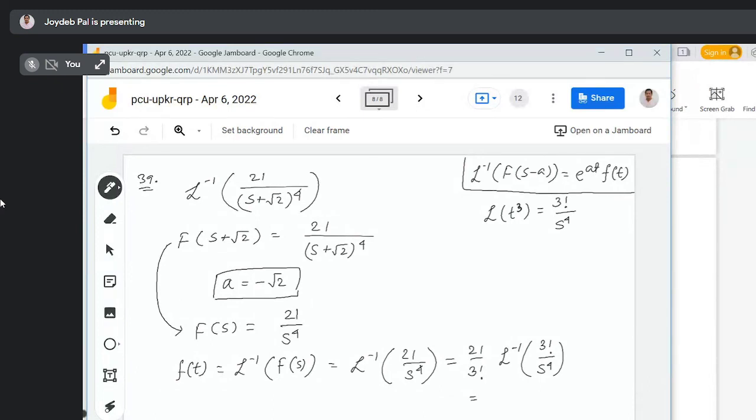On simplification, 21 by factorial 3 is 21 by 6, so 7 divided by 2, and Laplace inverse of this will be t cube. Now t cube, I did it right, no?